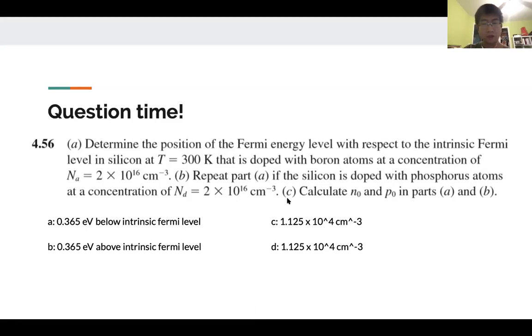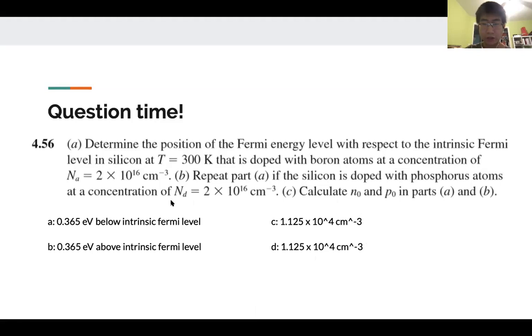ND in part B is the same thing as N naught in part B, and then P naught is the answer I show here.